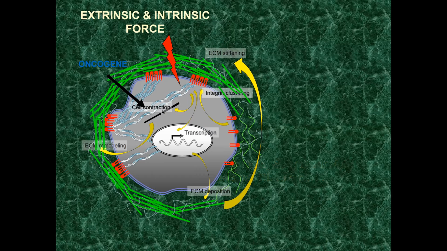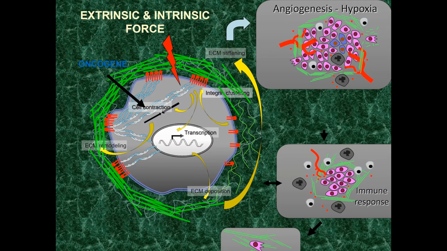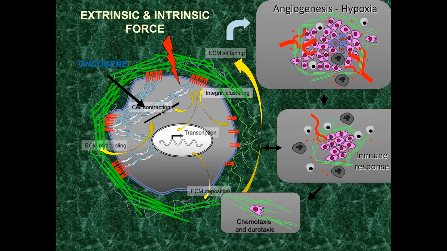Now, we've taken this from the tumor cell, and we know that it affects the vascularity of the tumor, and it affects hypoxia. We have a lot of studies now where we're looking at the immune response. T cells respond to the mechanics. Myeloid cells respond to the mechanics. I have no doubt natural killer cells will.